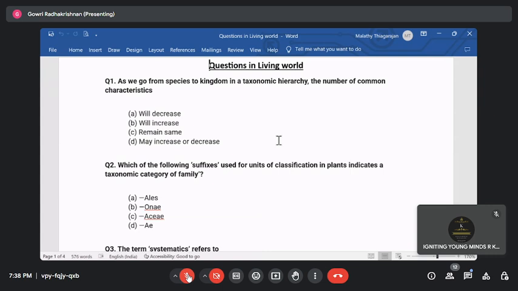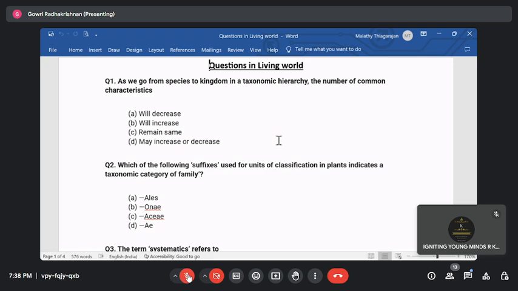As you go from species to kingdom, as you go higher and higher, you will not find that many common characteristics. Based on one or two characters, you will be grouping them. There are five kingdoms, isn't it?